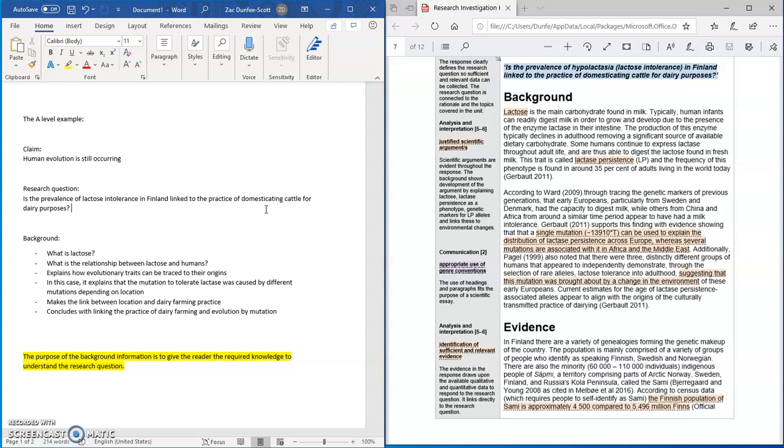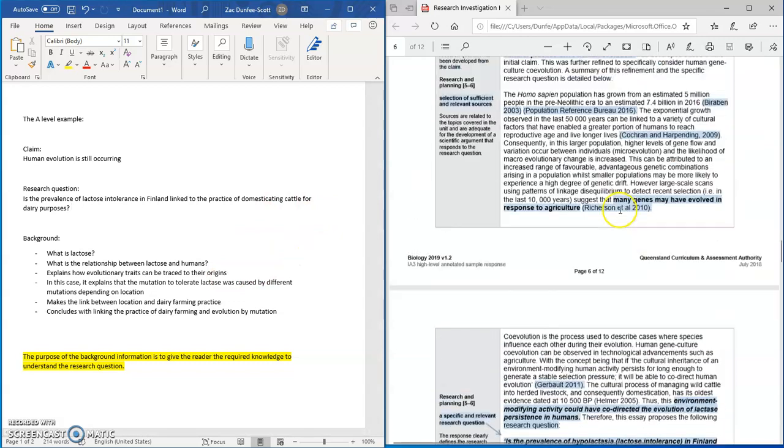So if there's anything that needs to be defined, anything you need to clarify or break down so the reader can understand the research question, this is what happens here in the background information. In this video I'm going to show you two examples.